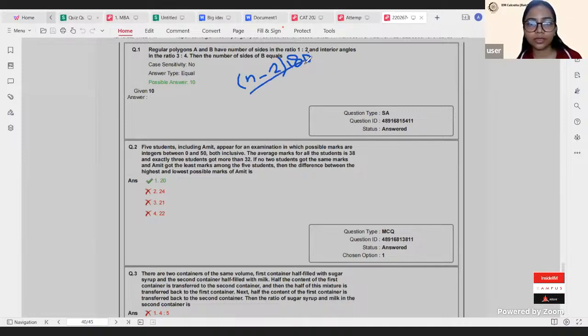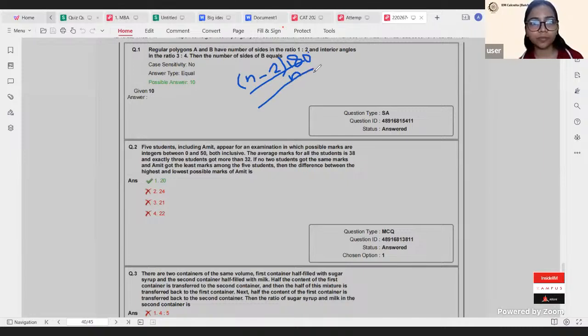The interior angle is (n minus 2) times 180 degrees divided by n. For a regular polygon, each of the interior angles remains the same. Since there are n sides, there will be n angles, and the sum of the interior angles is (n minus 2) times 180 degrees, so per interior angle it will be divided by n.